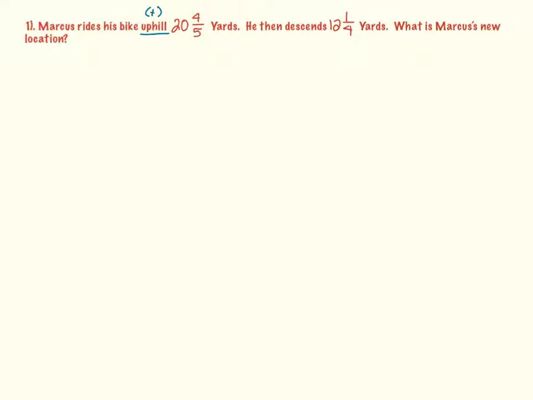And then descends means to go down, so that means the 12 1/4 will be negative. Okay, so when it comes to keywords, we're going to put down uphill because it's a positive, and then descends because it's a negative.